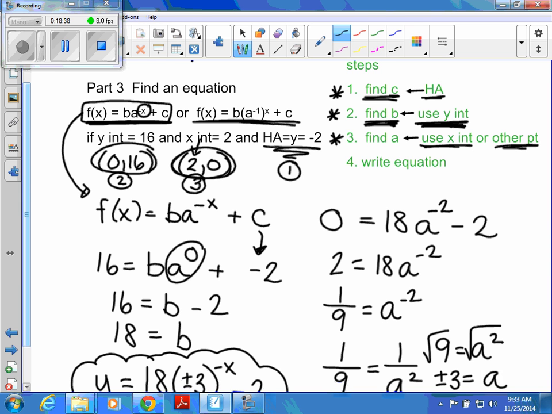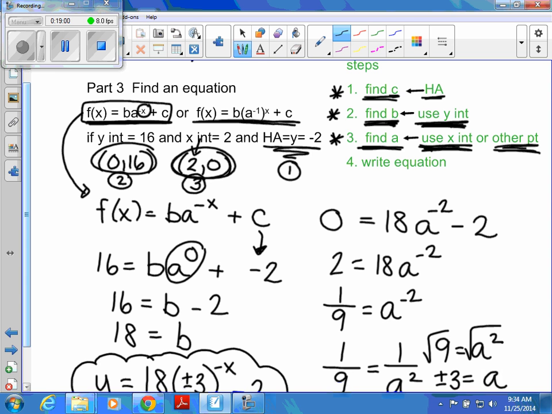You're going to plug in the C, and in place of x, you plug a number. And then the only letters left are A's and B's, and you're going to find the B. And then the last letter you're going to find is the A. You're going to use the x-intercept, or the other point that they give you, to plug in for the x and the y so that you can find the letter A. And then you write the equation.